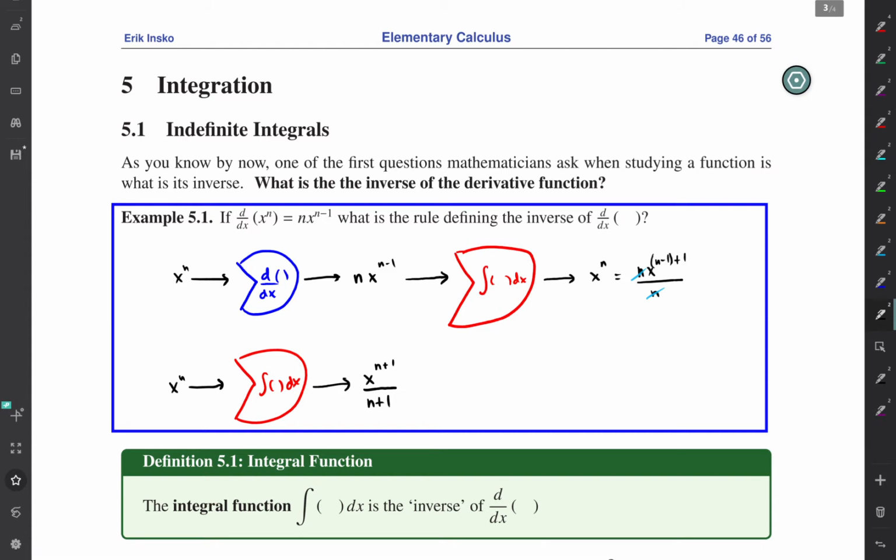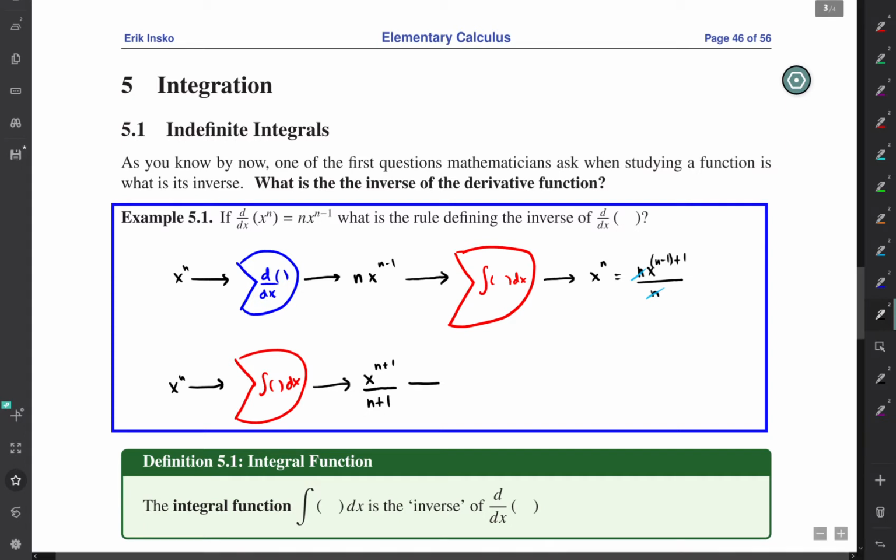It's the exact opposite of the derivative, right? The derivative, you multiply by the exponent and then you subtract 1. If you reverse that process, you're going to add 1 to the exponent and then divide. Okay? And you can just check that if you stick that into the derivative function, what do you get out? Well, you're going to get n plus 1 times x to the n plus 1 minus 1 all over n plus 1.